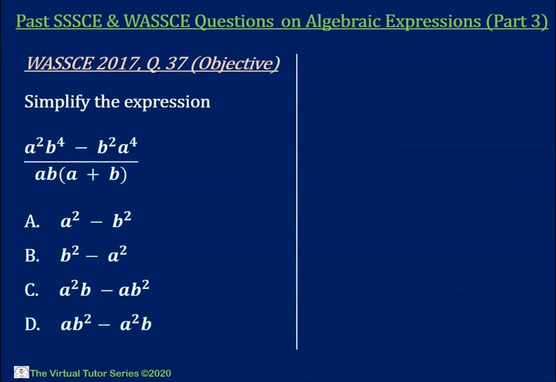WASSCE 2017 Objective Question 37. Simplify the expression a exponent 2 b exponent 4 minus b exponent 2 a exponent 4, all over ab times (a plus b).